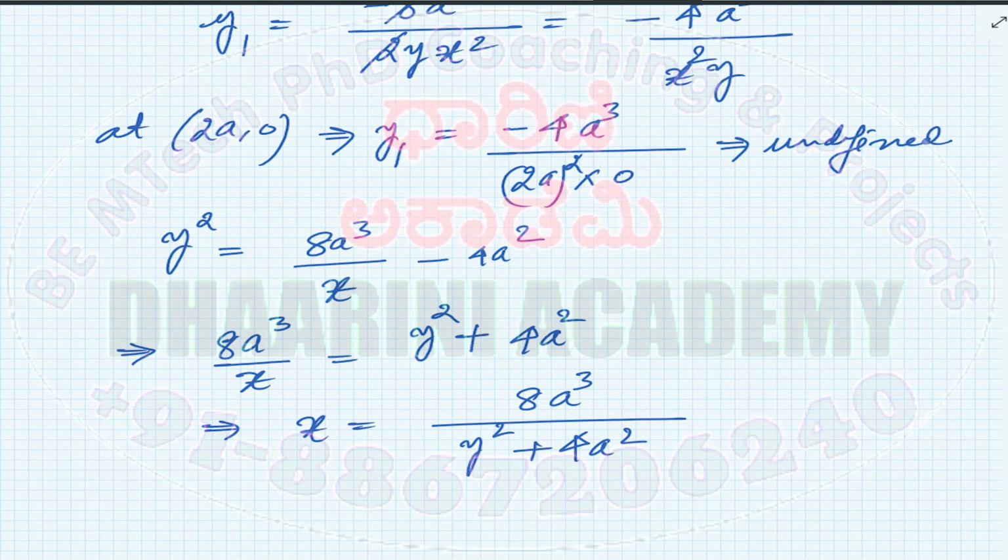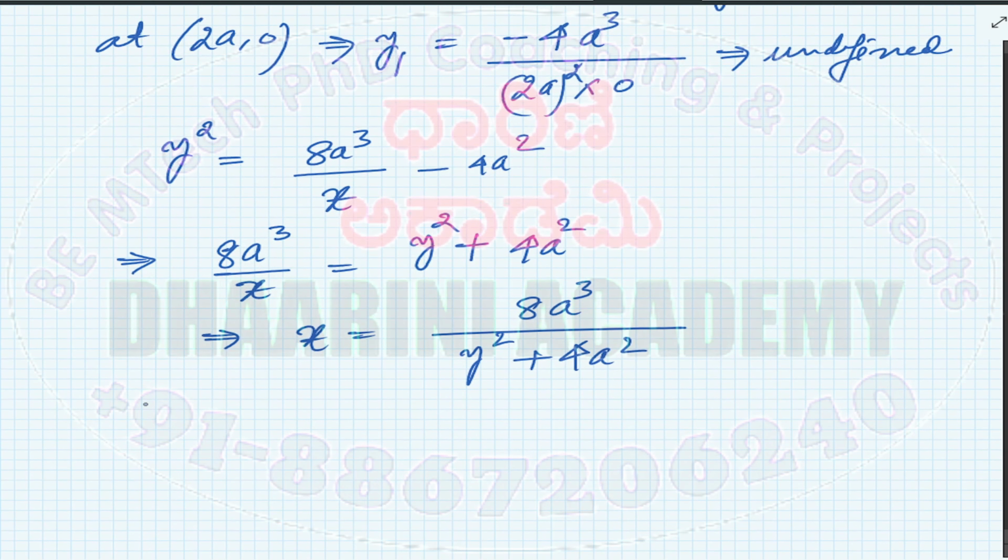Now this is one option. From this we can write, so this means let's find dx by dy. So dx by dy is equal to 8a cube, which is a constant, into 1 divided by y square plus 4a square.